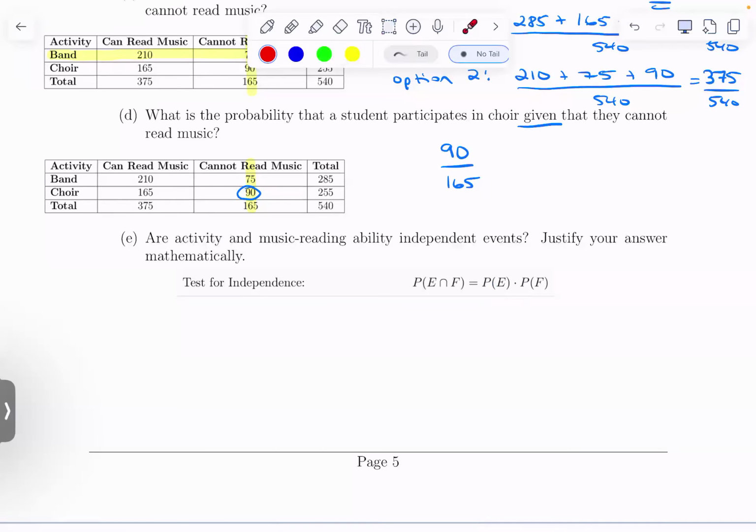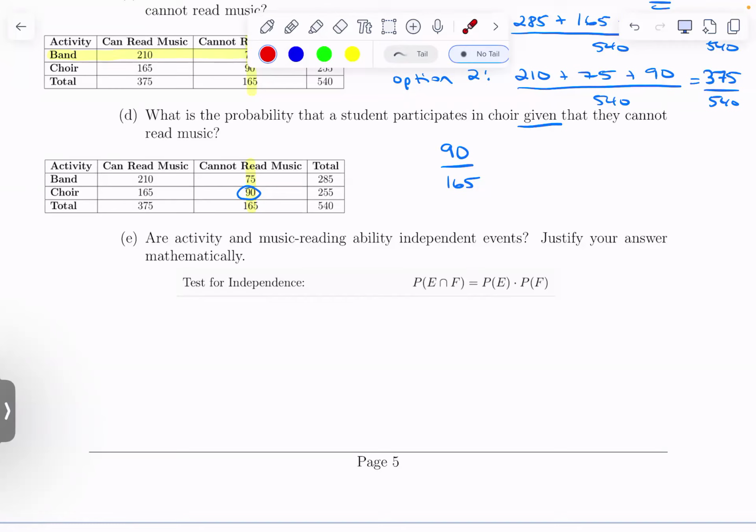Because the activity is whether they're in band or choir, and music reading ability is whether they can read music or they can't. Okay? Now the thing is, if one of these combinations are not independent, then that means the rest are also not independent, right?